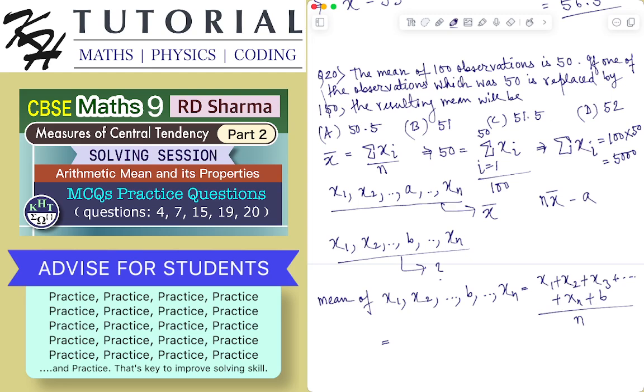So when I am removing a, the sum of the remaining observations will be n x bar minus a, and then again I am adding b. So the sum of the observations after removing a and then adding b becomes n x bar minus a plus b. Essentially this is the sum of the observations where a has been replaced by b, and then divided by n.